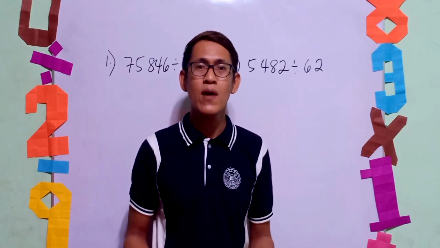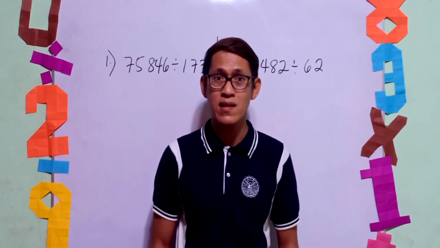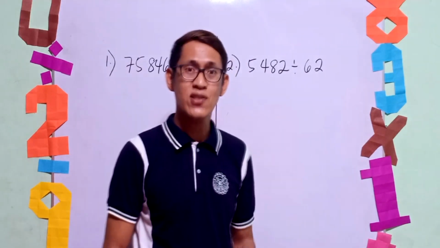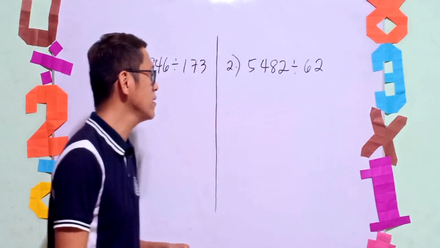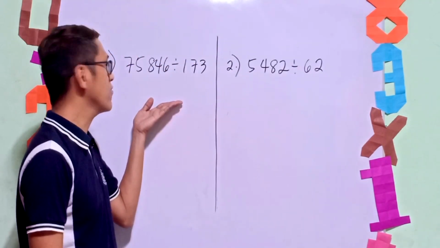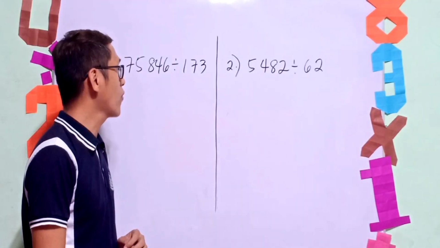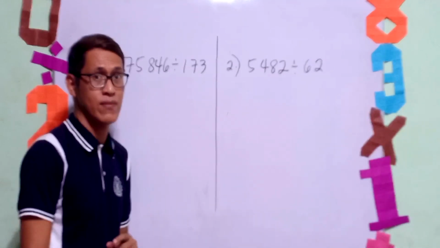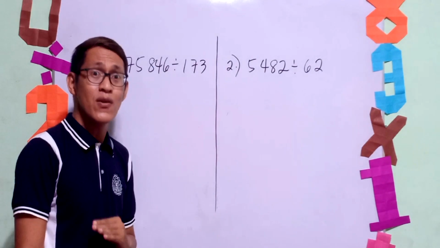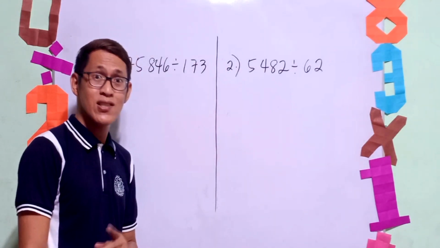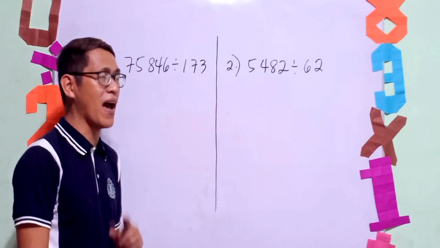Let's see if you understood how to estimate the quotient. Let's answer two exercises here on the board. The first one is 75,846 divided by 173. Again, round off first each number to the highest place value.